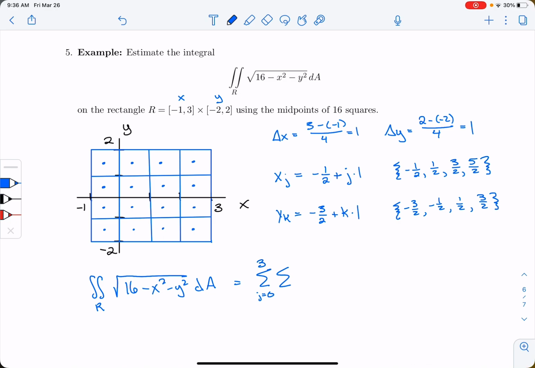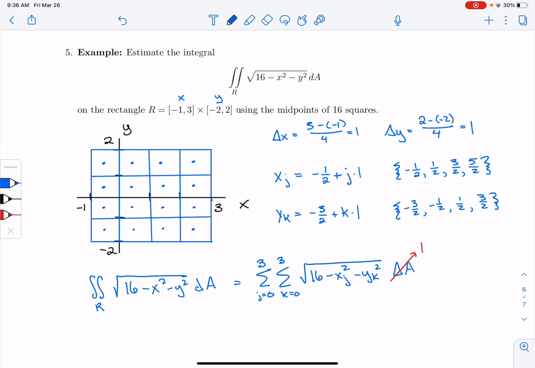And then k will go from 0 to 3. And then we want to take the square root of 16 minus xj squared minus yk squared. And then we want to do delta A. Now delta A is delta x times delta y, so that delta A is just going to be 1.